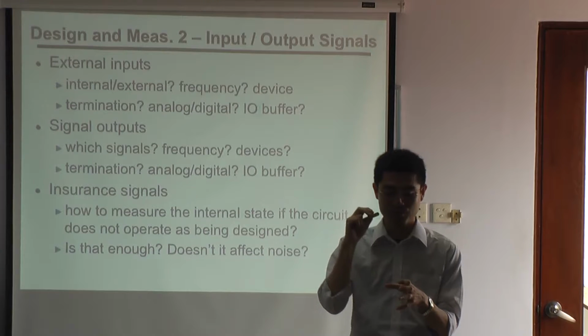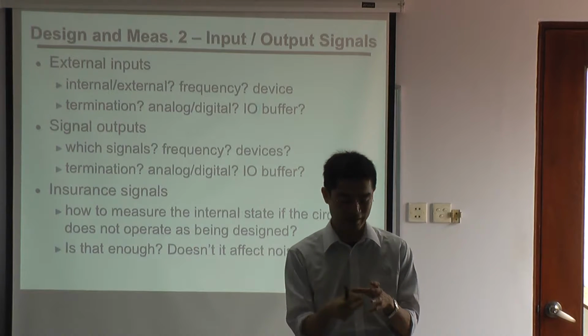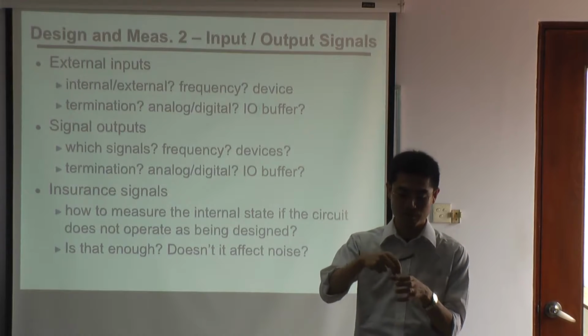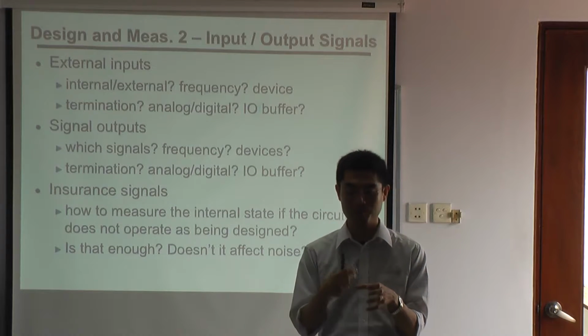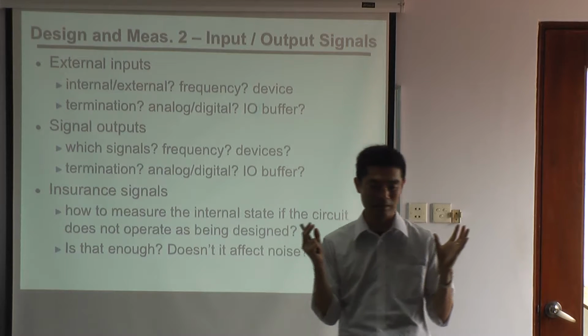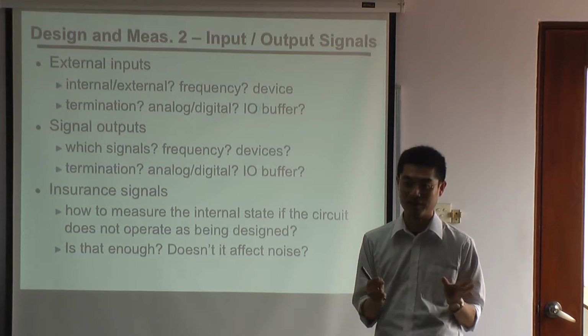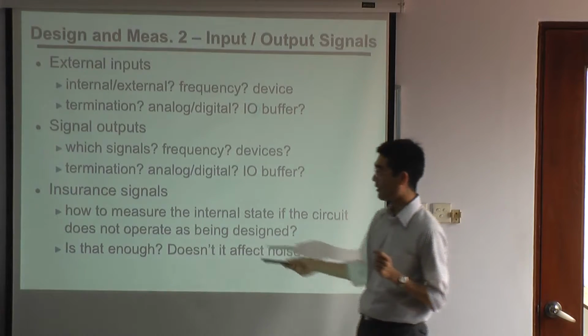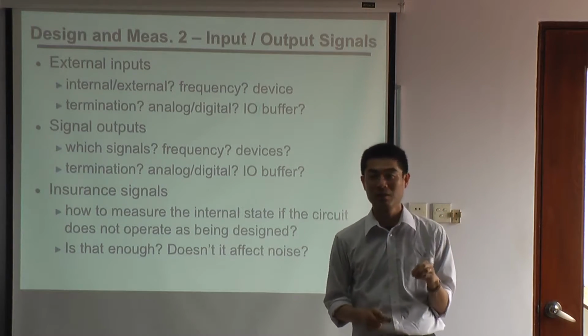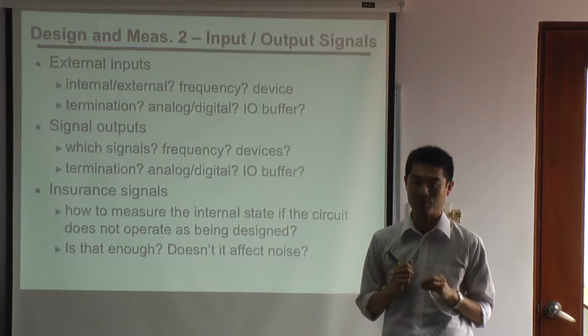Or we want to know why the chip does not operate. So we have to output probing pins. In case we fail, we have some kind of mistake in the result. So we call those insurance signals. Of course, we have insurance input signals and insurance output signals.